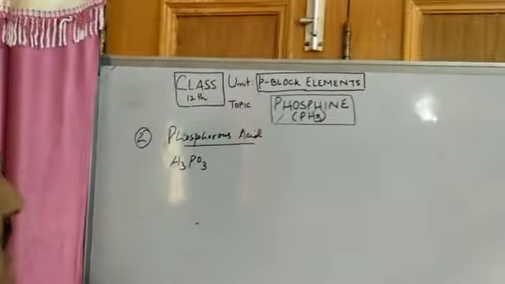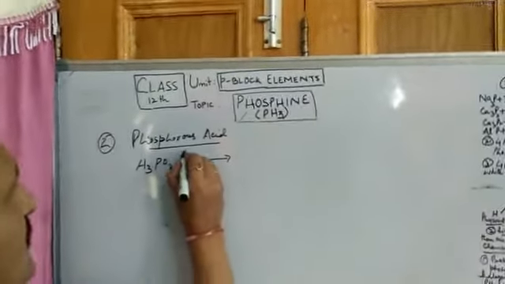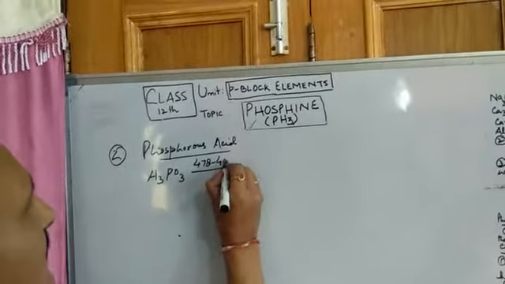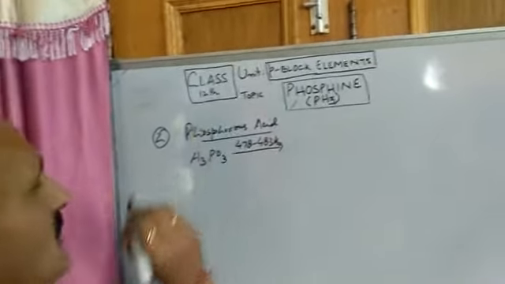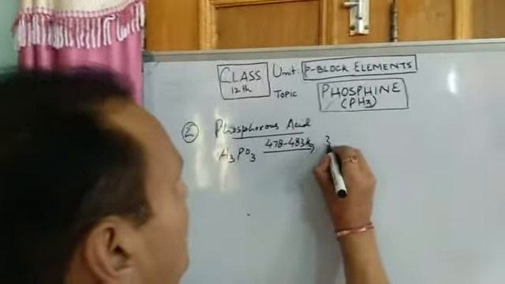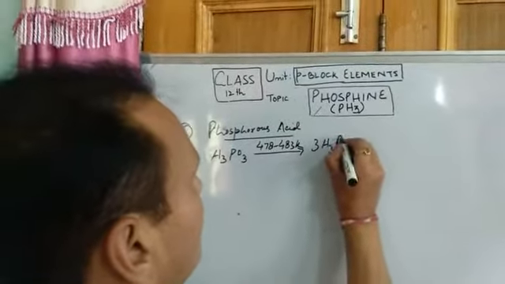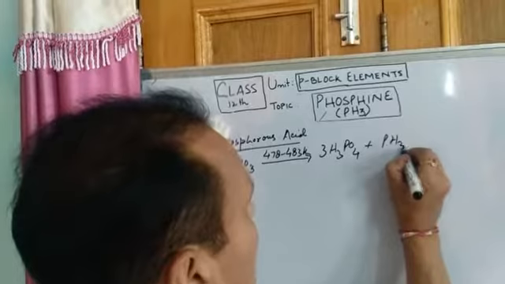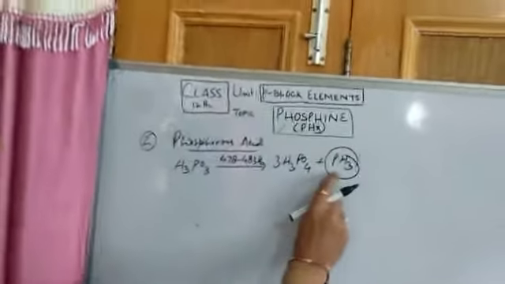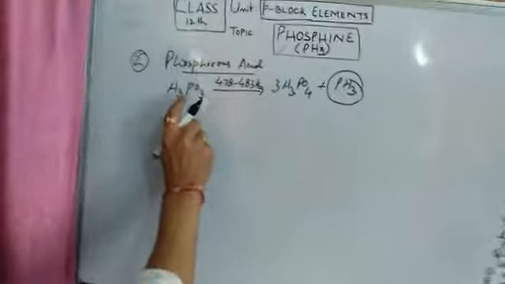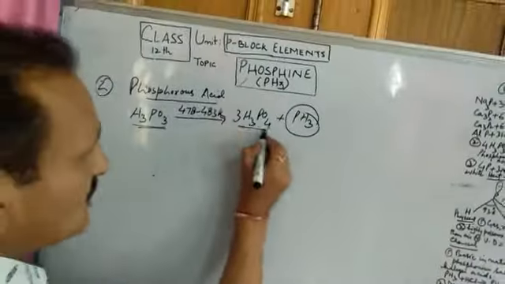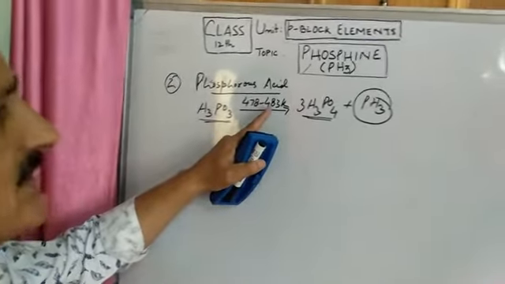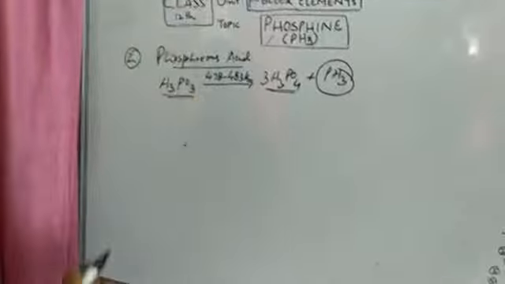When this phosphorous acid is heated at a temperature of 478 to 483 Kelvin, we get phosphoric acid along with our product, that is phosphine. So phosphine has been formed by heating phosphorous acid. So this is one more method.